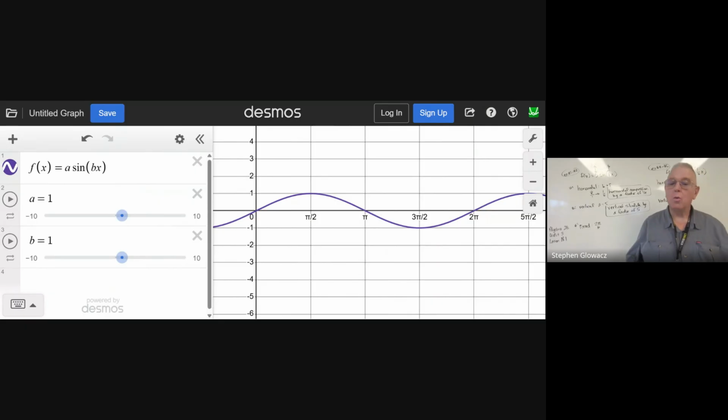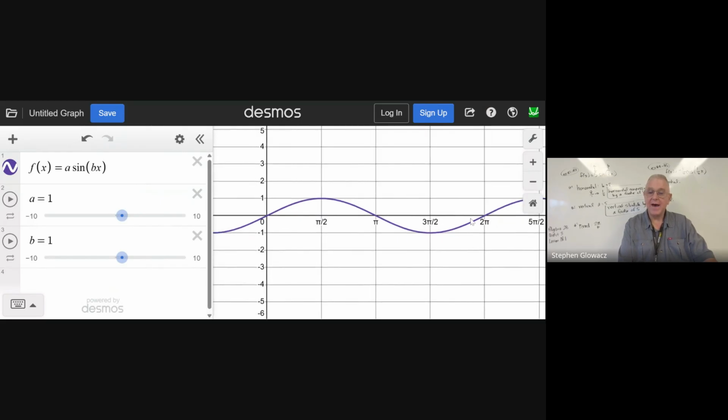So what's one cycle of this sine function? Let's start here at 0. It goes up and then down. We go to the top of the hill, the bottom of the valley, and then we're back to the middle. Once we get back to the middle, we've completed one period.